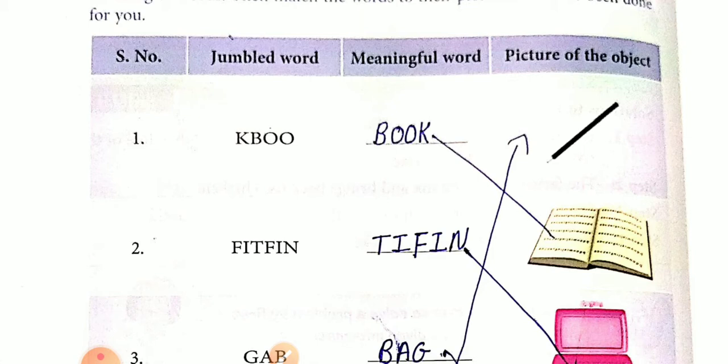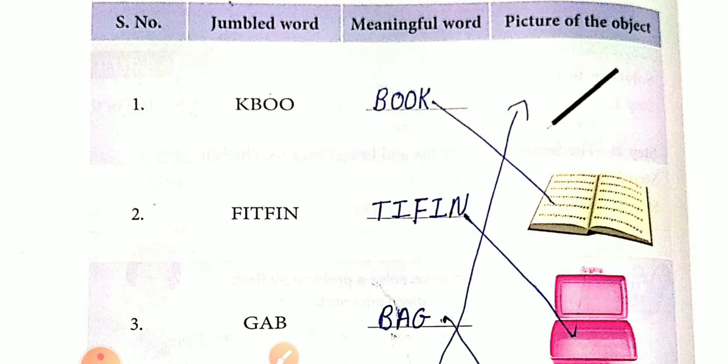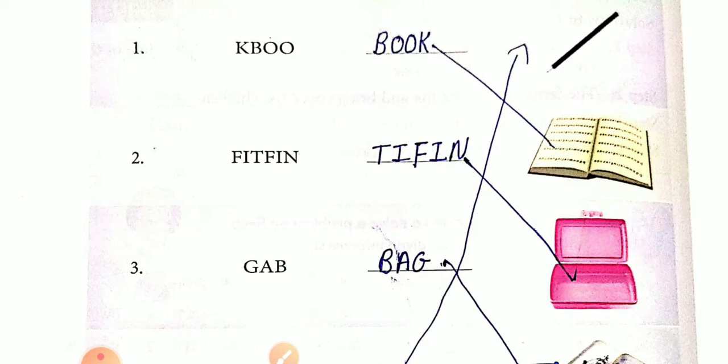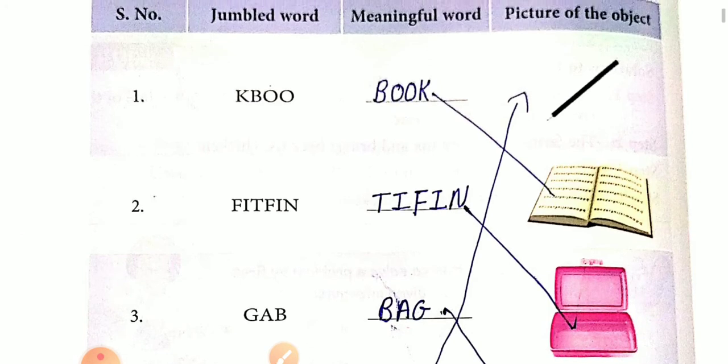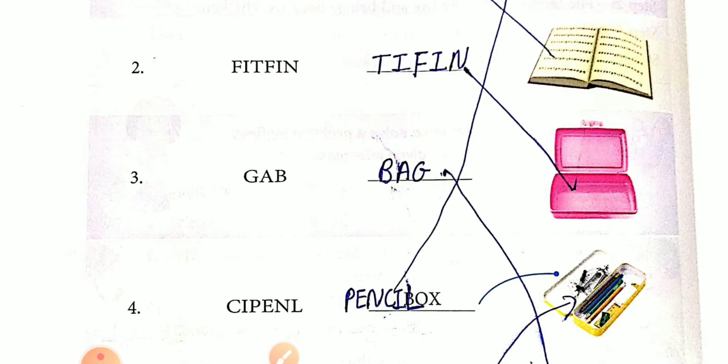Here the meaningful word is BOOK, so I match the book with this picture. Now the second jumbled word, FITFIN. It means TIFFIN. So here I write the meaningful word tiffin and match it with its picture.